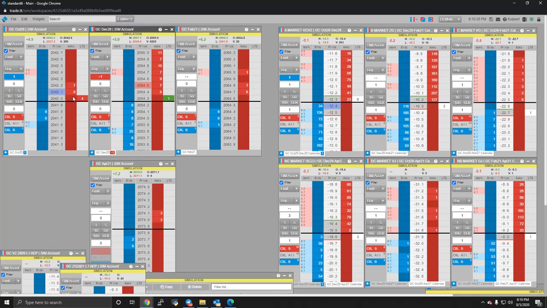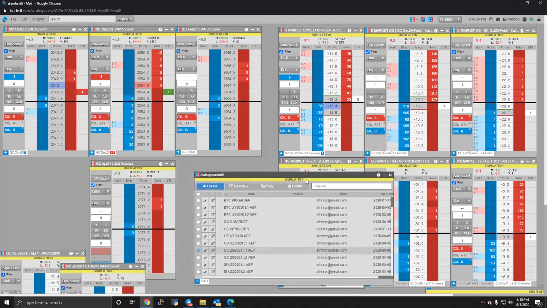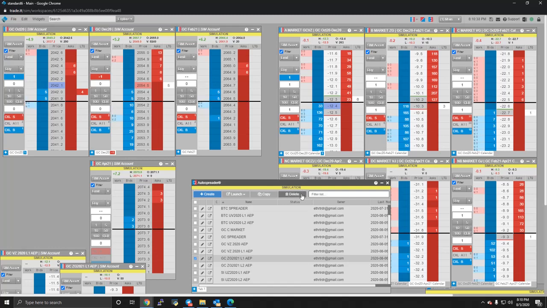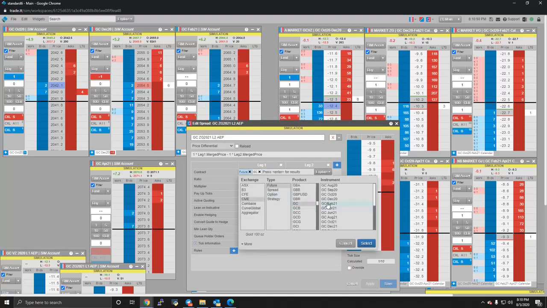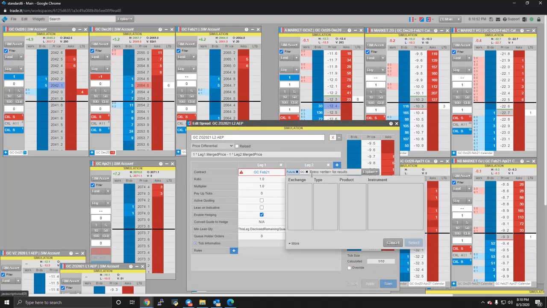So now you see I'm working bids and offers in gold October outright, gold December outright, gold February outright, all the listed calendar spreads. If I really want to get aggressive here and bring in the J market, the April market, I can do that. Let's edit a quick spread here and make this the GJ. So let's go February, April.